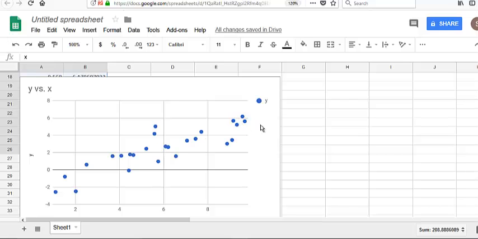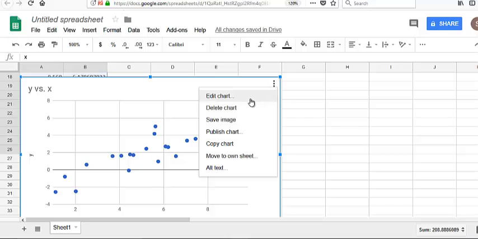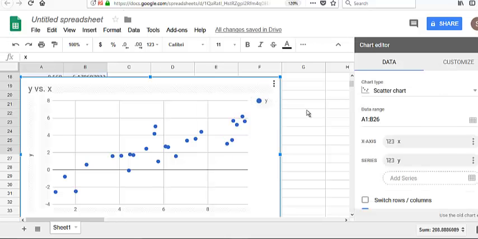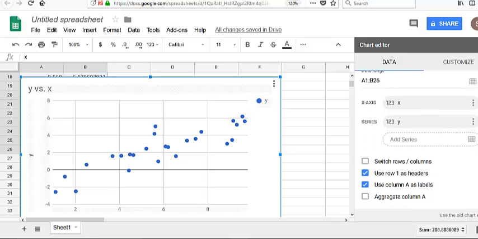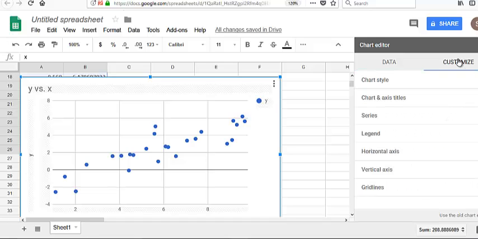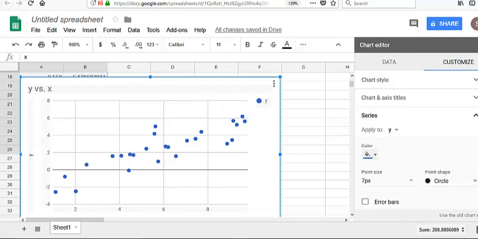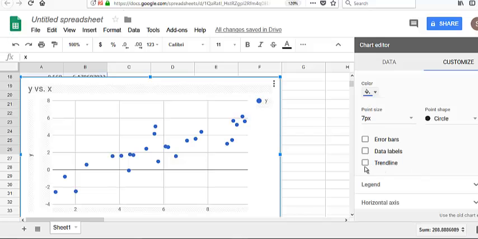Now it turns out that you can have it fit a line to the data. So let's go to edit the chart, and under, oh yeah, you go to customize, and if you go to series, you'll see right down here is trend line.